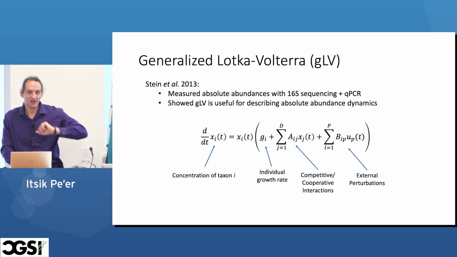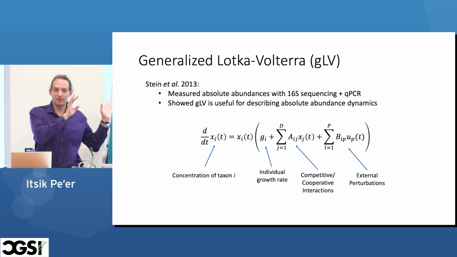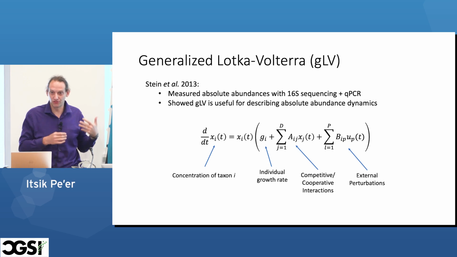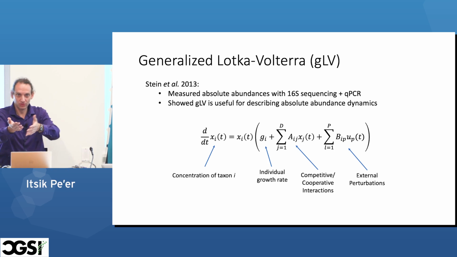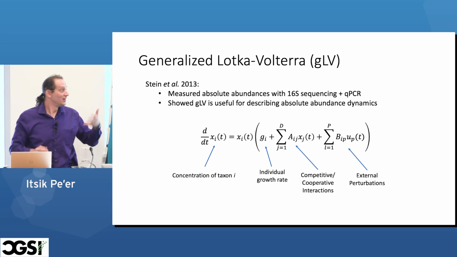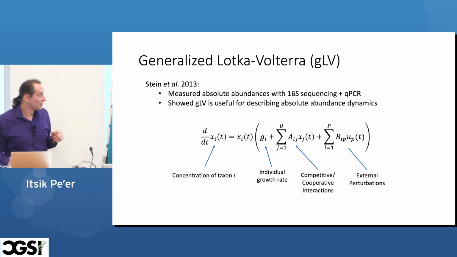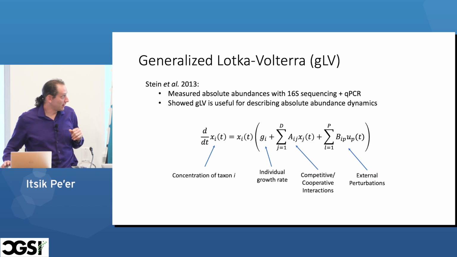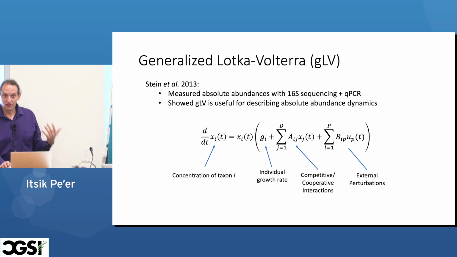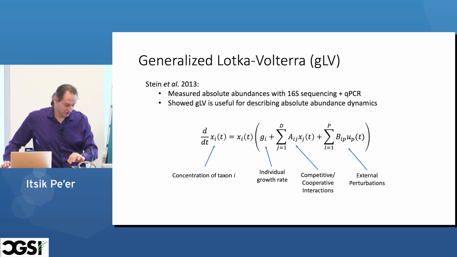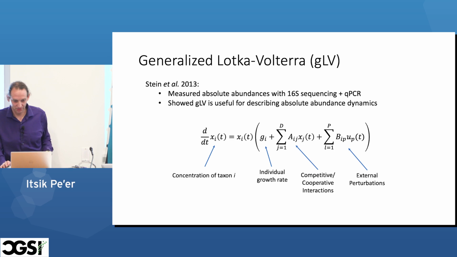So if you are excreting metabolites that I would like to consume, then the more of you there is, the better I would be able to fare, the better I would be able to grow. So there is some kind of a matrix, Aij, that defines these interactions between each taxon J and each other taxon I.